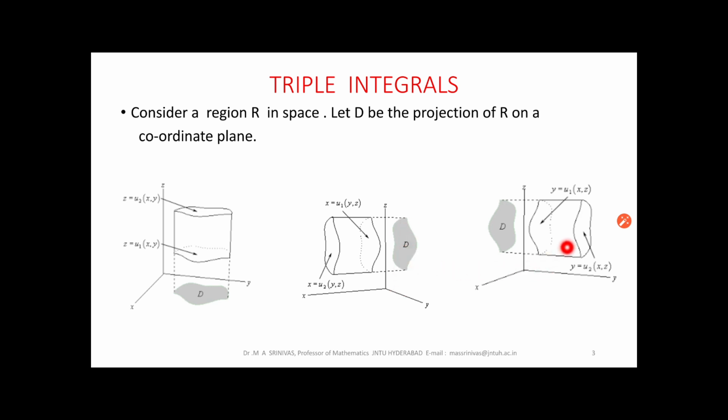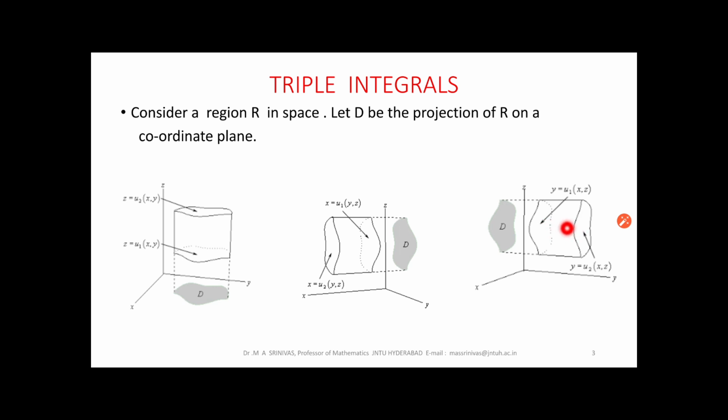In a similar way, if it is easy for us to identify a given region as a region between two surfaces, y is equal to u1 and y is equal to u2, where u1 and u2 are functions of x and z, and if you consider any point in the region R, its y coordinate will always be in between y is equal to u1 and y is equal to u2.